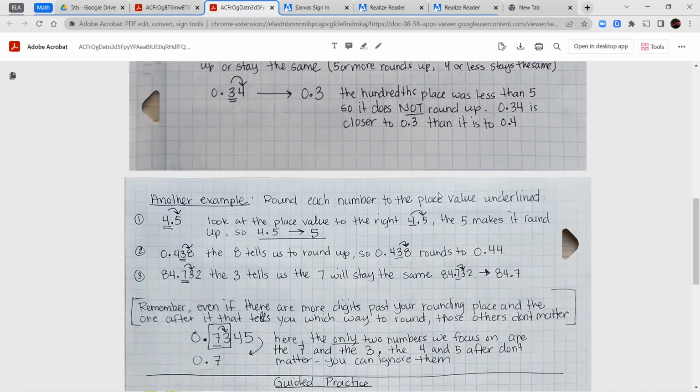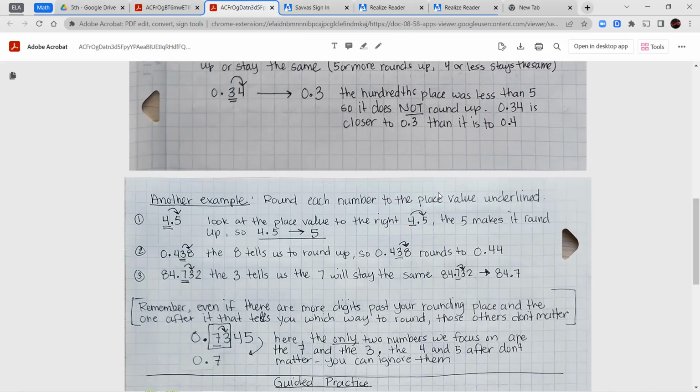So that 8 is going to tell me right away that my 3 is going to round up to a 4. So 438 thousandths is going to be closer to 44 hundredths than it is going to be to 43 hundredths. So remember, we change the place value that we're working with if we're rounding up, and then we drop everything that comes after it.